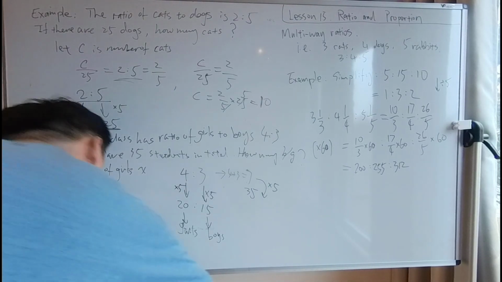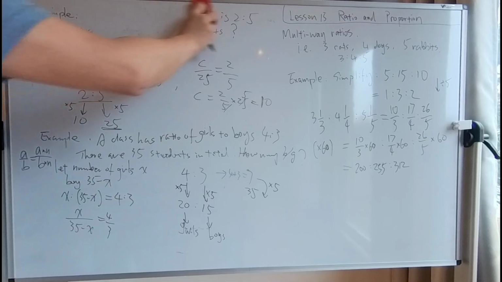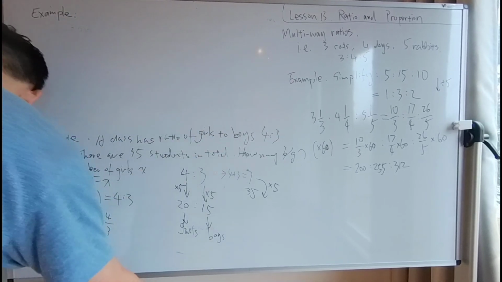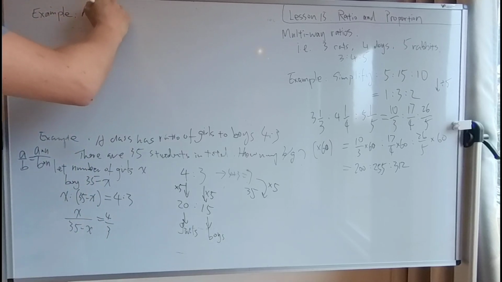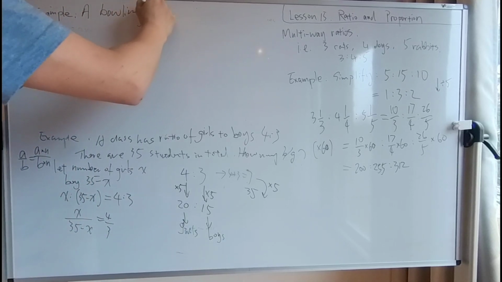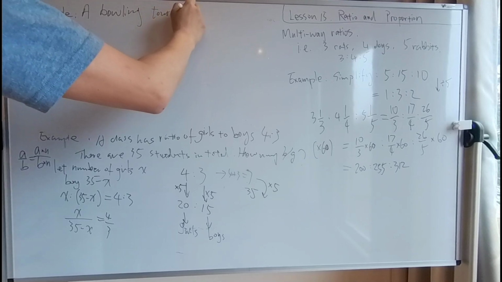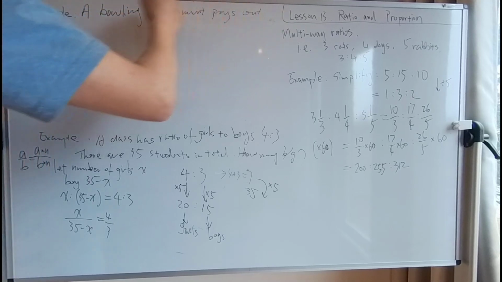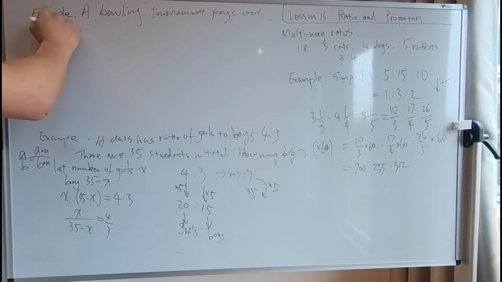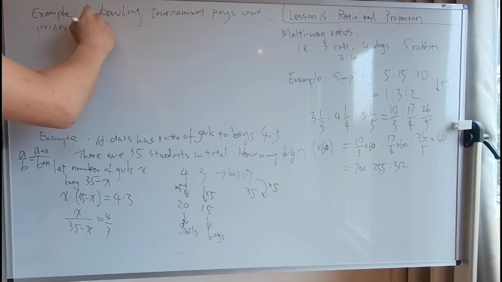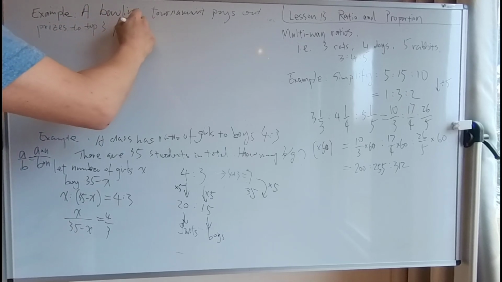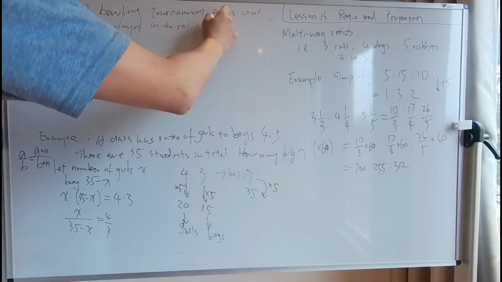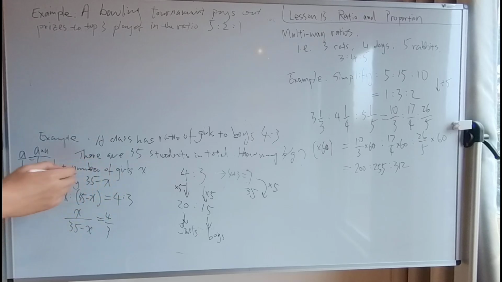Okay, let's see another example with multi-ratio. There is a bowling tournament that pays out prizes to the top 3 players in the ratio of 5 versus 2 versus 1, right?